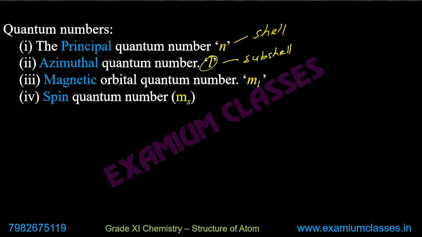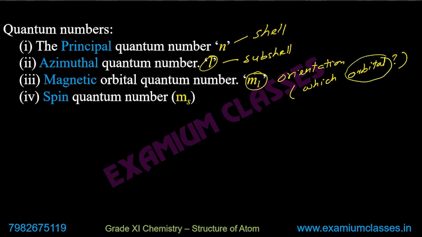Magnetic quantum number will decide the orientation, which particular orbital we are talking about, which orbital of that subshell. And then within that orbital, what is the spin of that electron?